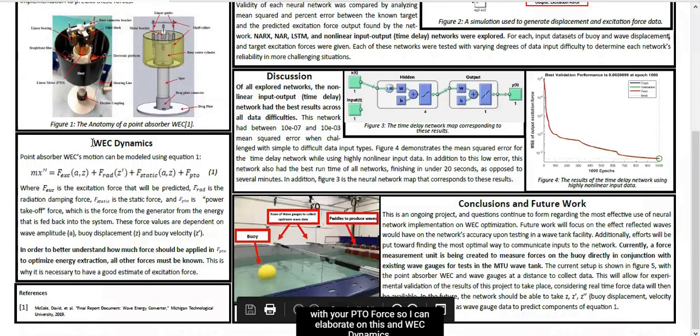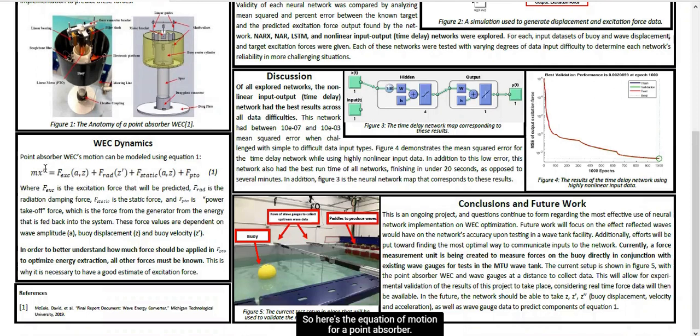So I can elaborate on this in WEC dynamics. Here's the equation of motion for a point absorber WEC. As you can see, the sum of the forces is equal to the excitation force, the radiation damping force, and the static force, as well as the PTO force.